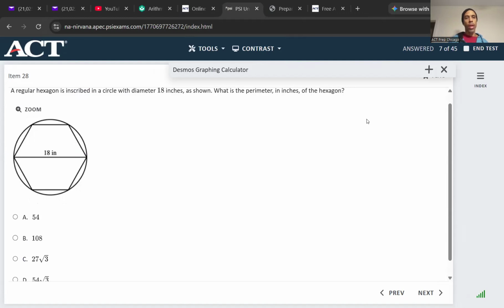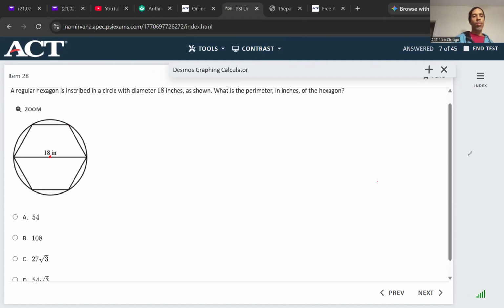So if the circle has a diameter of 18, we can start there. From your center, going through the center, that's the diameter, so the whole thing is 18, which means the radius, oh, they're showing you there. Never mind.